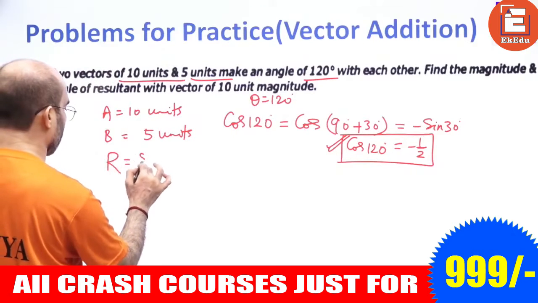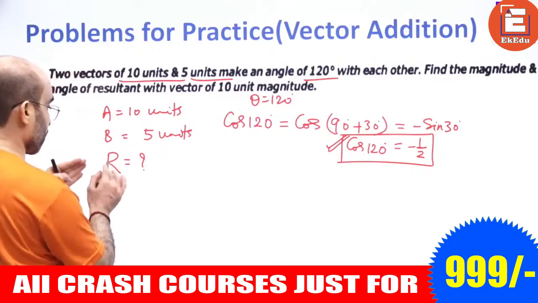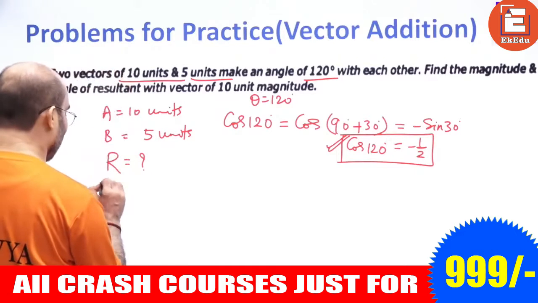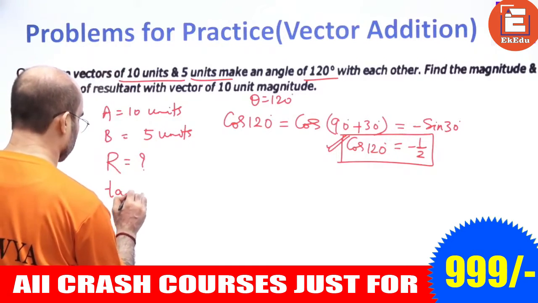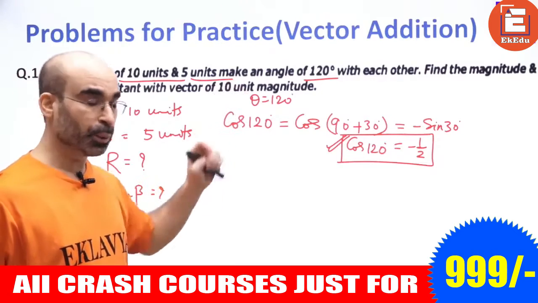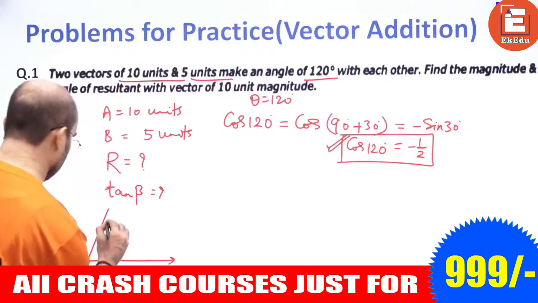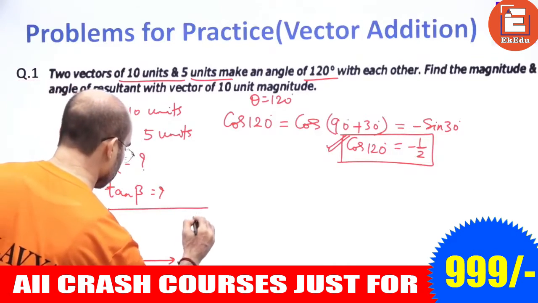What we need to find out is the magnitude of the resultant vector, and the angle, the direction also, tan beta also we need to find out, right? If you draw the diagram, it will be like this.